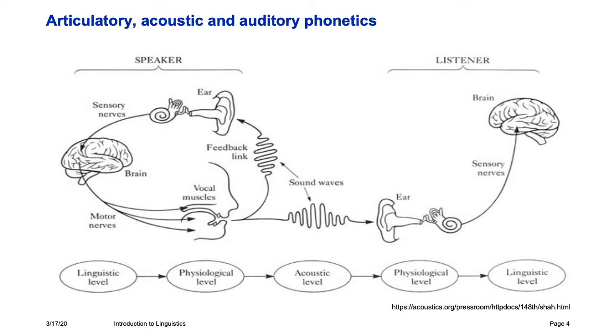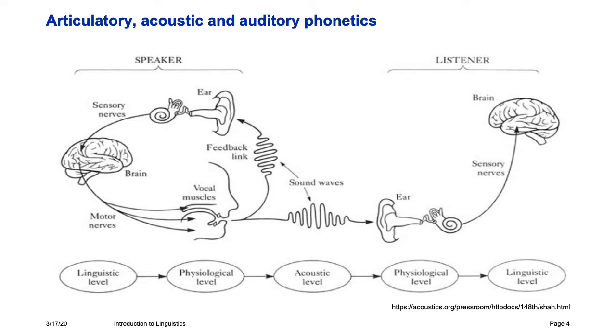Okay, so on slide 4, you have all 3 steps that are involved in phonetics. First of all, speaker-based. From a linguistic to physiological level, from the brain, you have various motor nerves that are connected to the vocal muscles and the vocal tract, which we'll look at. Then you have an acoustic level, which is just sound waves that are produced by alternations of the airstream in the oral and nasal tract and yield the form of sound waves.